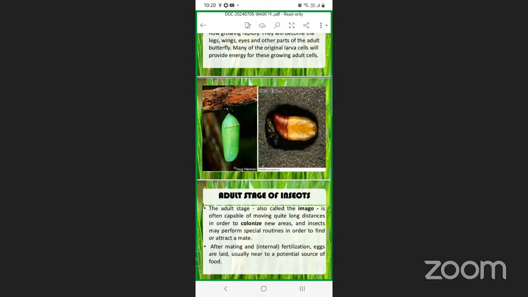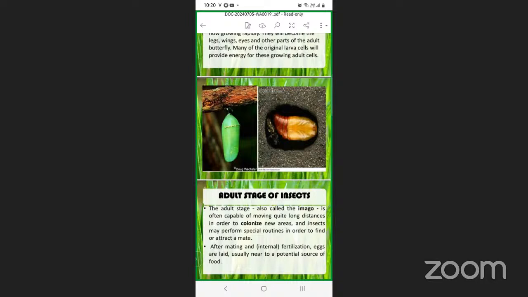This juvenile hormone we will see in hemimetabolous insects, where we see a lot of changes, and in holometabolous insects also, where we come across fewer changes. So the juvenile hormone is also important in the growth and development of the insect.